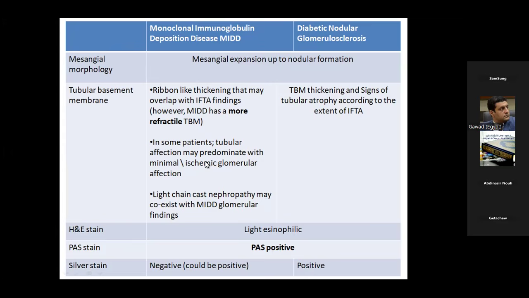So just look carefully in the tubules in these cases with marked ischemic glomerular affection, where there is something like cast nephropathy in the tubules.